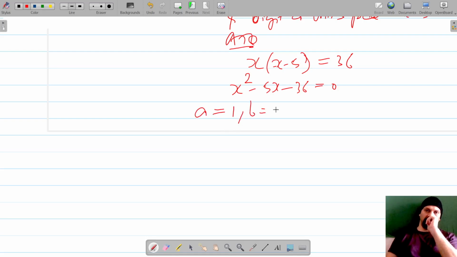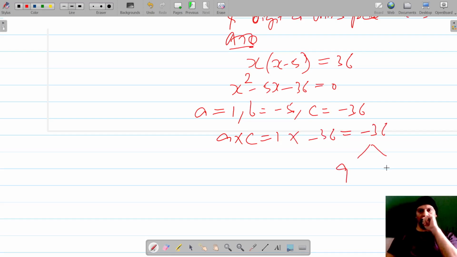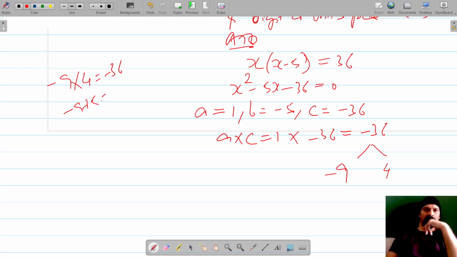A is 1, B is minus 5, C is minus 36, and A into C is 1 into minus 36, which is minus 36. The factors of 36 that should give me product as minus 36, and sum as minus 5 are minus 9 and 4. So minus 9 into 4 is minus 36, and minus 9 plus 4 is minus 5.